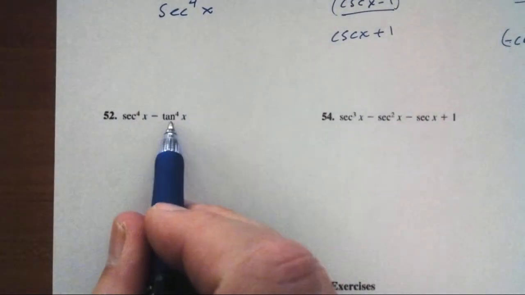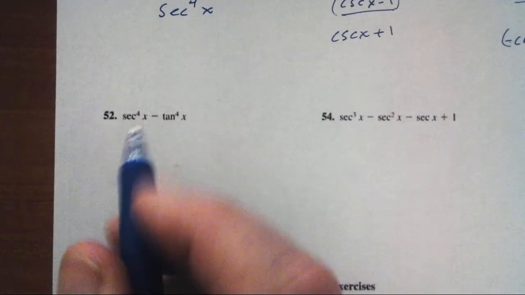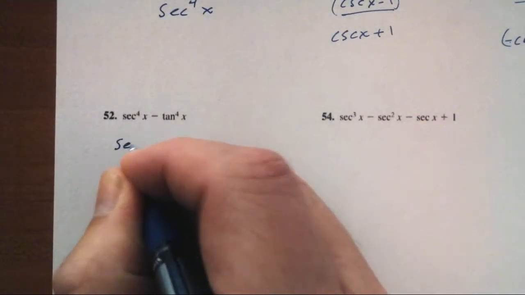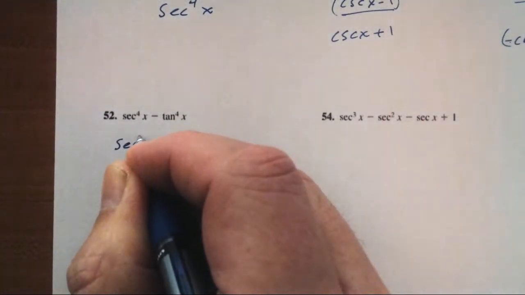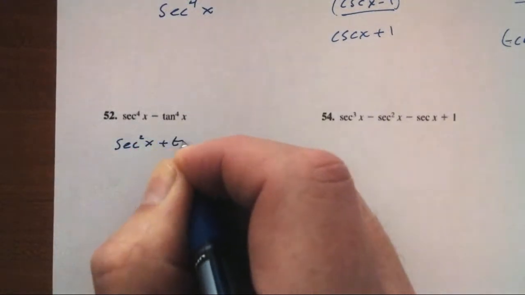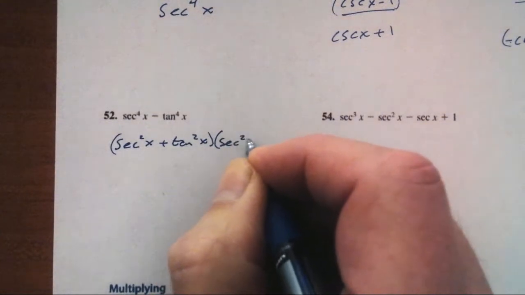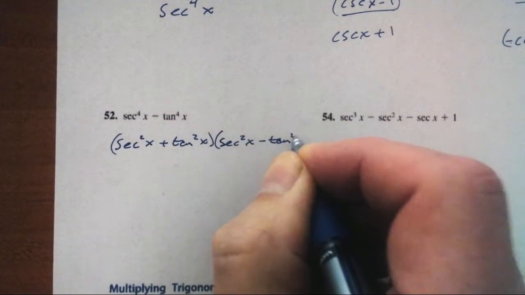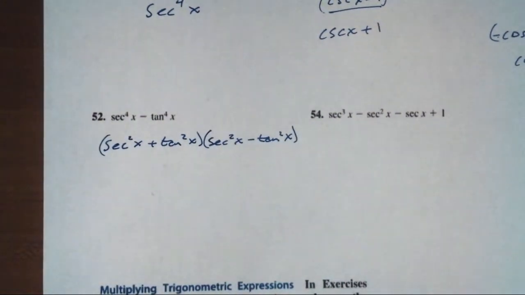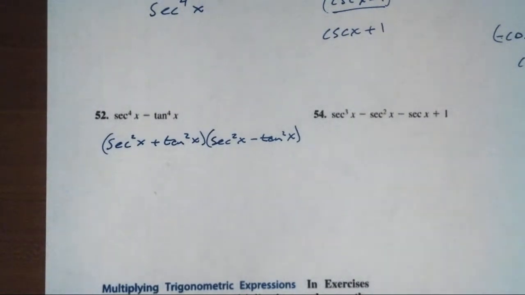Factor difference of perfect squares. So this becomes secant squared x plus tangent squared x times secant squared x minus tangent squared x. What are we thinking about? Pythagorean, secant and tangent?